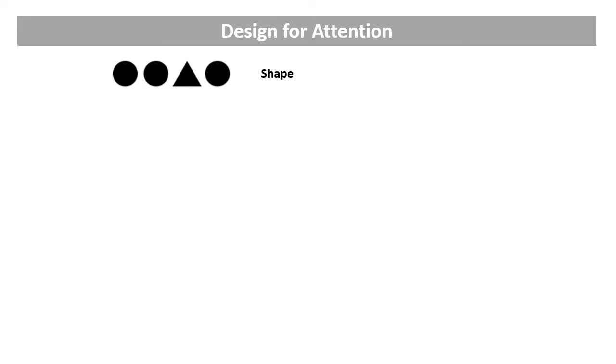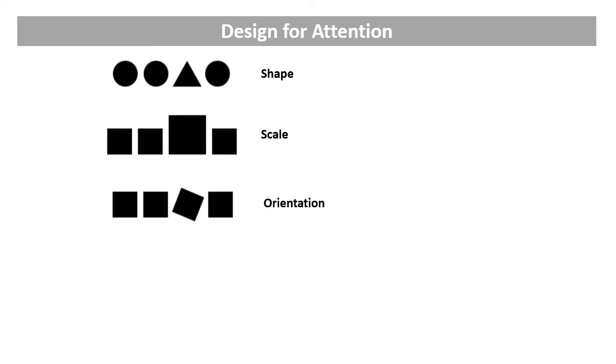So now we have seen contrast through colors. Now contrast can also be created through shapes. Like there is this triangle which is standing out from the other shapes of circles. Contrast can also be created by altering the scale. As you can see, this larger box is standing out from other, smaller boxes.